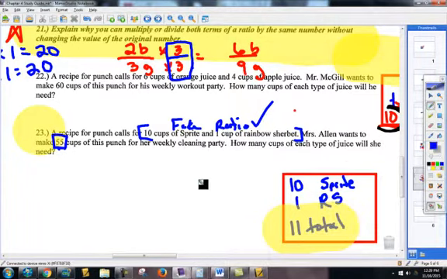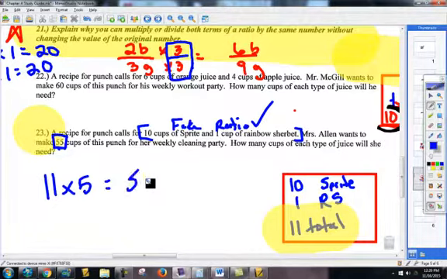Yeah. She did 11 times 5. So that's what she had to do. So she's going to make 55 total cups. That says cups, by the way. Total cups. That's how much she's going to make. Well, she has to keep the recipe consistent. If she uses different amounts of Sprite and sherbet, it's not going to taste the same.